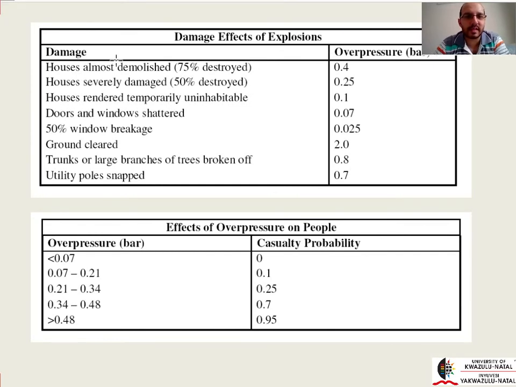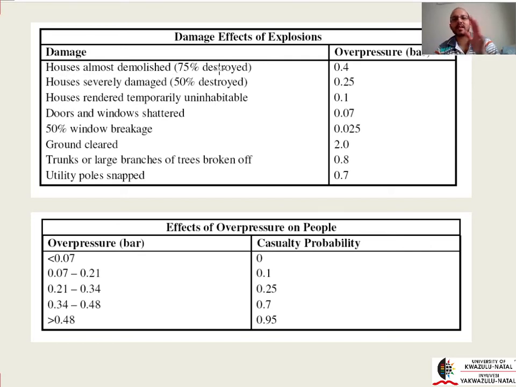So let's say you are at a point near the explosion where, if the explosion occurs, it will give you at your distance an overpressure of 0.4. Now that overpressure of 0.4 is so great that it can actually demolish most houses.